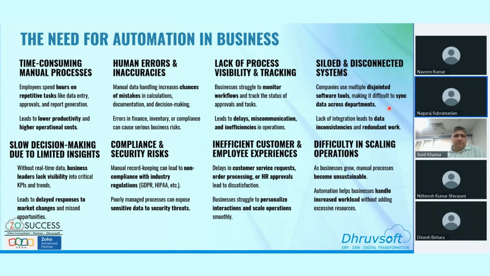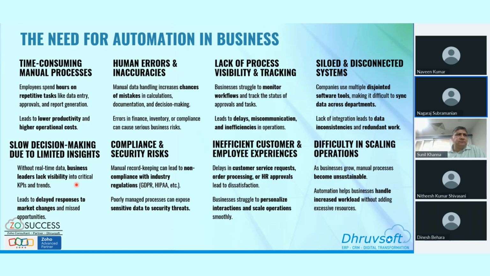Then we have siloed and disconnected systems. If your company uses multiple disjointed software tools, it becomes difficult to sync the data across departments. The lack of integration leads to data inconsistency as well as redundancy of work.